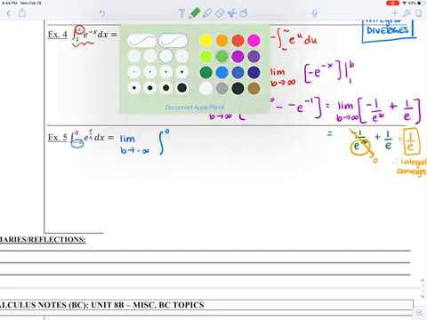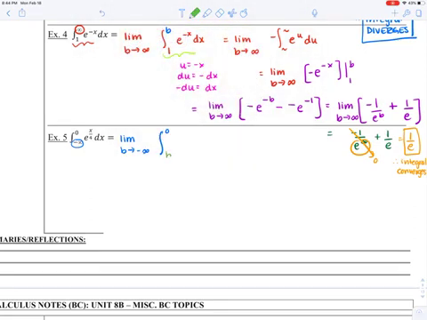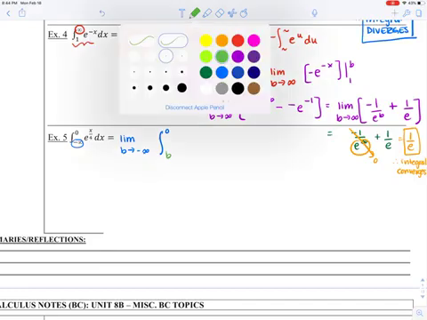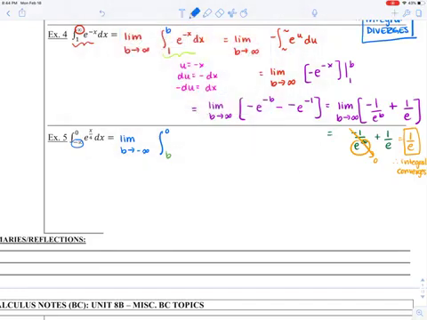And instead of a negative infinity, I'm going to put a b there. So we're using a dummy variable to go in the place of where the infinite number was. So I have e to the x over 4 dx. Now this is an integral that would require u sub. u would be x over 4. It is helpful if you think about that as 1/4 times x.